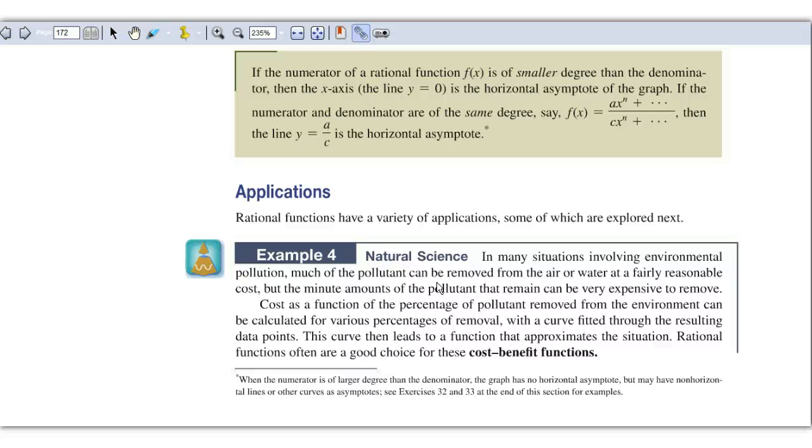Now, you can take out a little bit, and that wouldn't cost very much, and you can take out a medium amount, and that would cost a little bit more. But then when you get toward the very, very end, to try to get that last little bit out, it could be quite expensive. And we think of this then in a cost-benefit function.